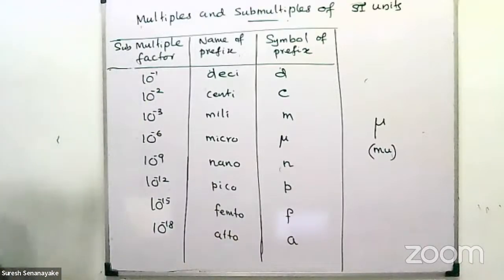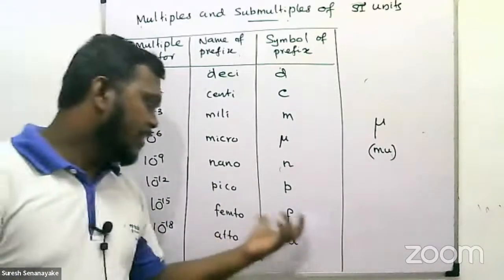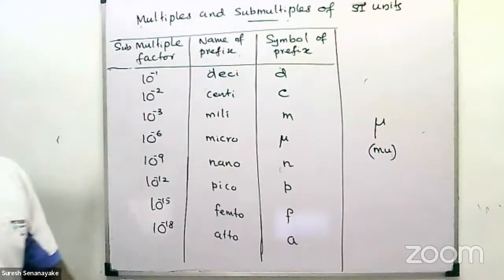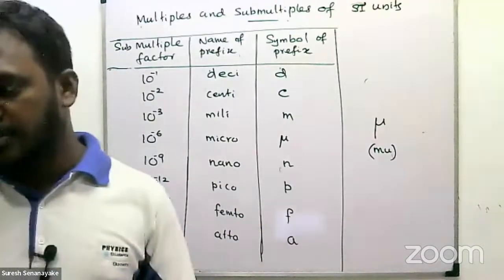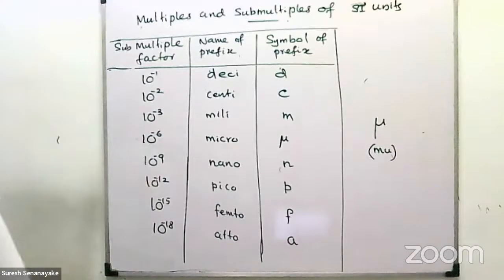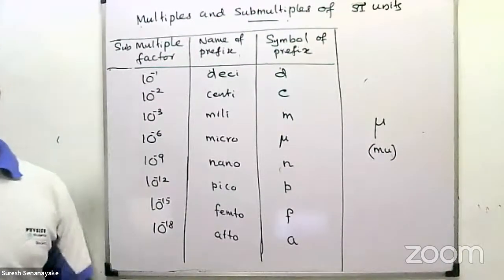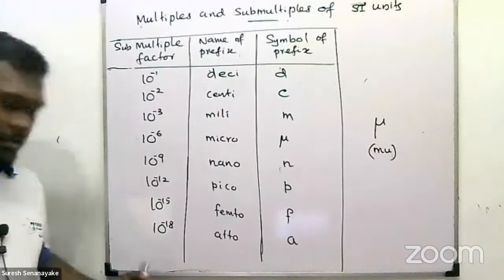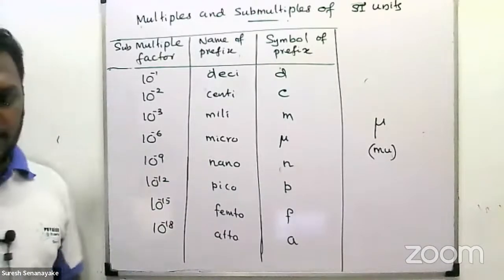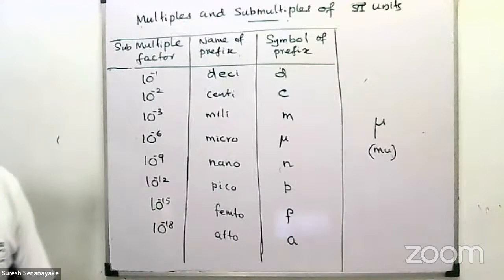You can write attometers, femtometers. Normally it's femtometer in the size of the nucleus. We explain it in femtometers. And after this, into the minus 21 we call zepto, and into minus 24 we call yocto. Different names also we use.